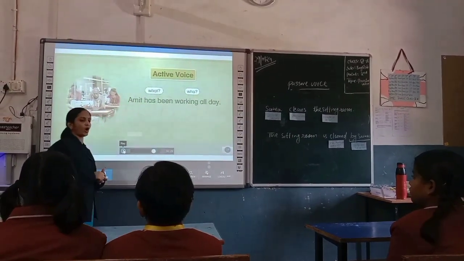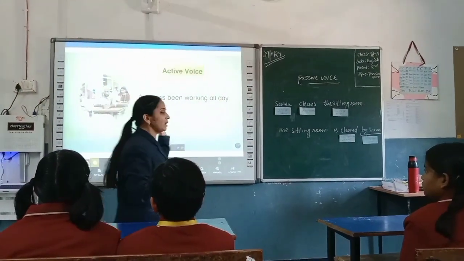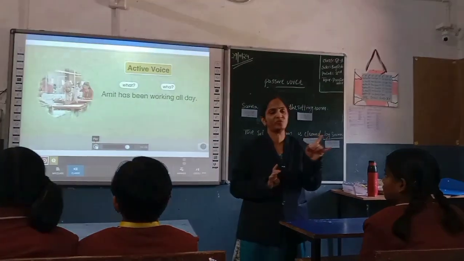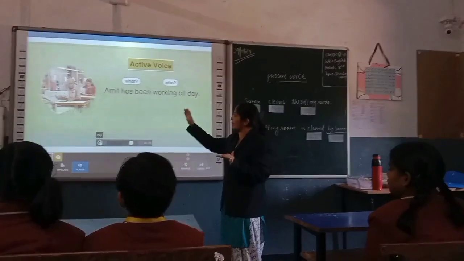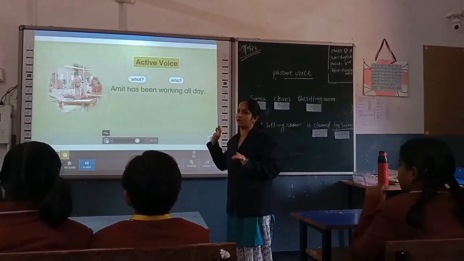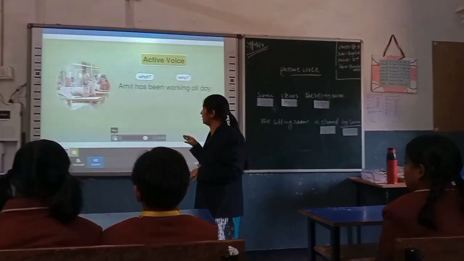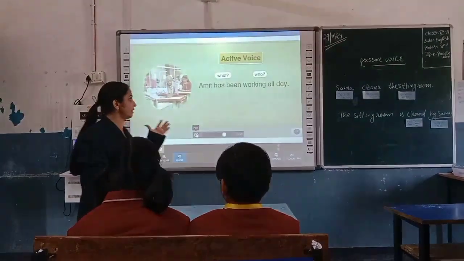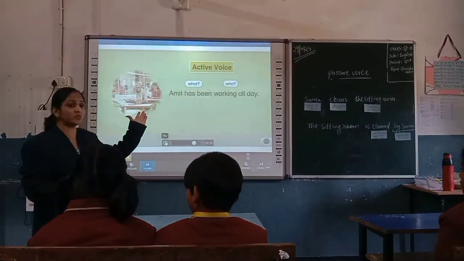You may see this. All the sentences cannot be changed into passive voice. As only the transitive verbs, which carry an object, can be changed into passive voice. Here you may see, Amit has been working all day. You can ask how Amit is working or till what time Amit is working in this sentence, but you can't ask what Amit is working because there is no object.